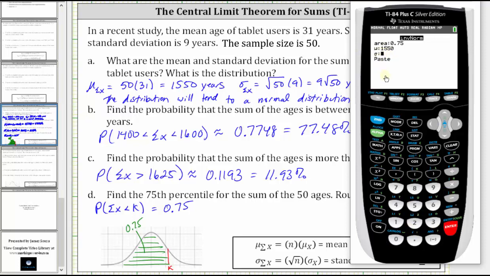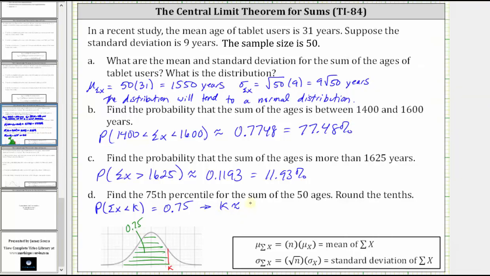Sigma is the standard deviation of the sums, which is 9 square root 50. Enter, enter, enter. To one decimal place, or the 10th place value, we have 1,592.9. The 75th percentile is 1,592.9 years.